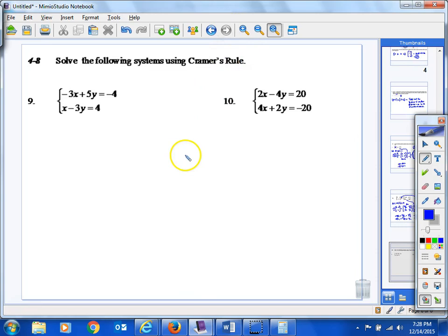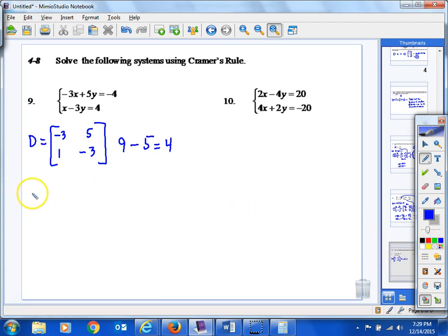Okay, these last two are Cramer's rule. So for Cramer's rule, we need to make a determinant that uses just the coefficients of this system. -3, +5, +1, -3. And you remember how to find the determinant. That's multiplying this way is 9 minus 5 is 4.